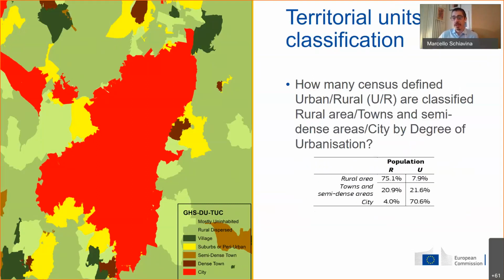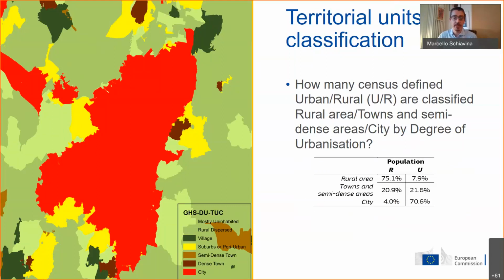Then, as the census provides also classification of urban areas, the manzanas, and the rural, the sección rural, we can also compare the differences between national definition and degree of urbanization classification. And here we see how many nationally defined urban or rural are classified as cities, towns or rural.